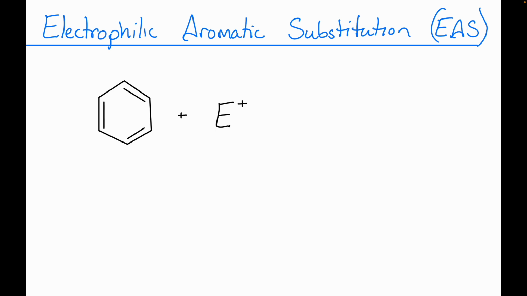We're just going to use E+ right now for a generic electrophile. All right, and what we're going to see is we're going to substitute one of the hydrogens on that benzene ring for our new electrophile.